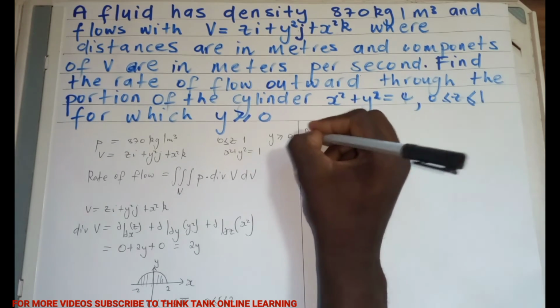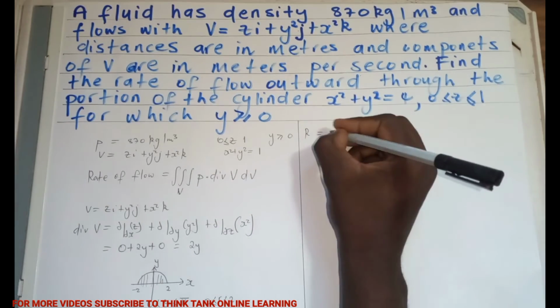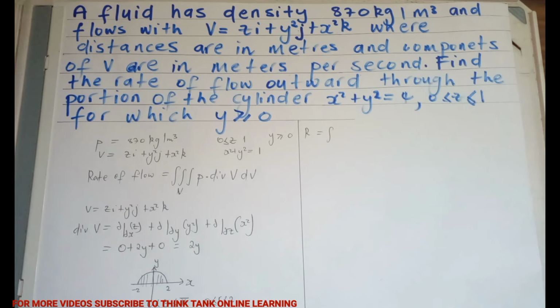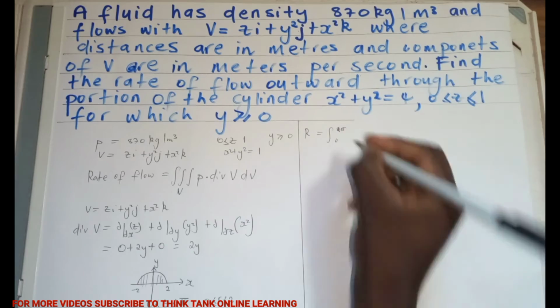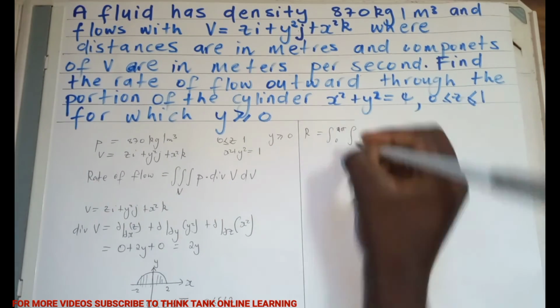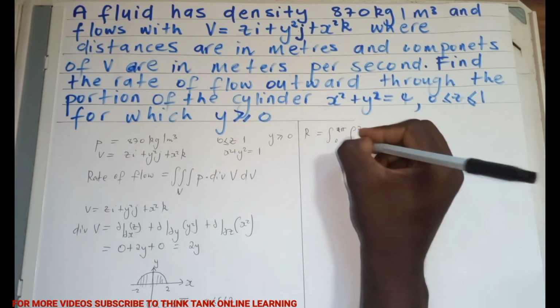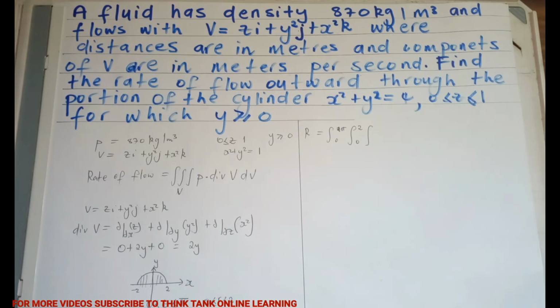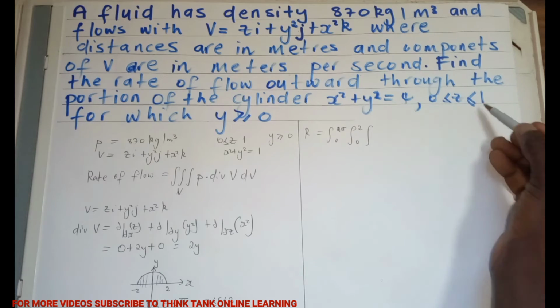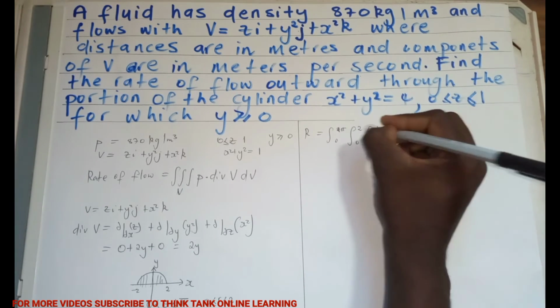So the rate of flow is going to be the triple integral, with theta from 0 to pi, r from 0 to 2. What about z? z ranges from 0 to 1.